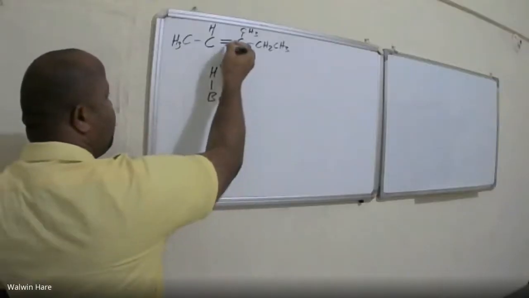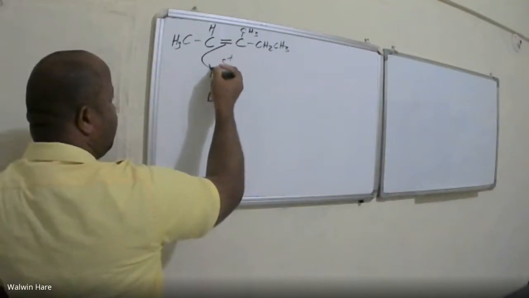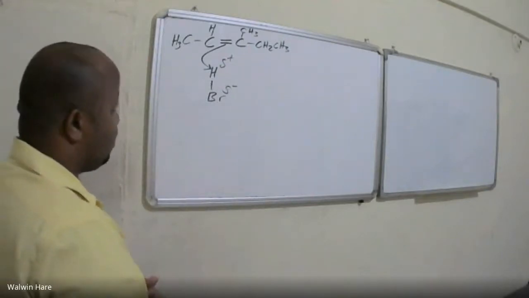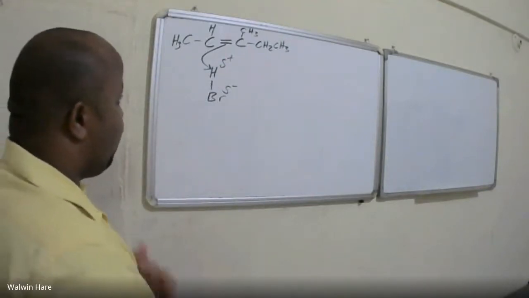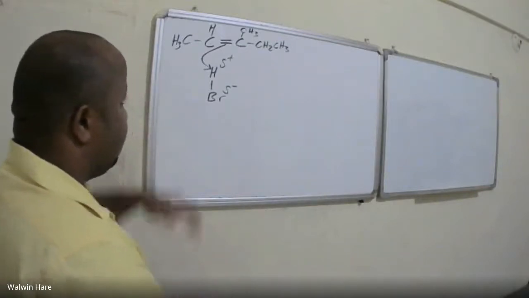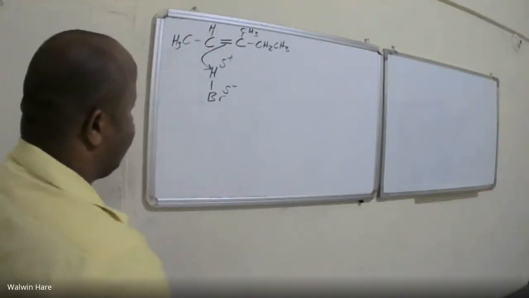The curved arrow, because we are moving two electrons from the double bond to the hydrogen. And remember we said that a nucleophilic attack is a dative covalent bond that is being formed. So two electrons are being transferred to hydrogen.